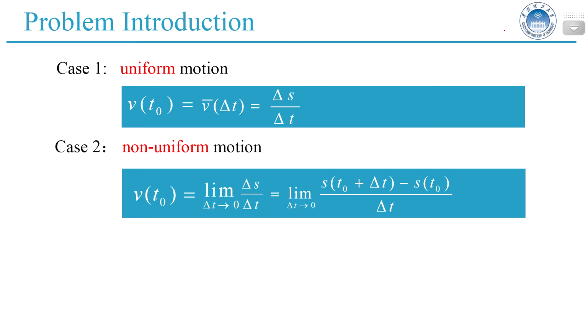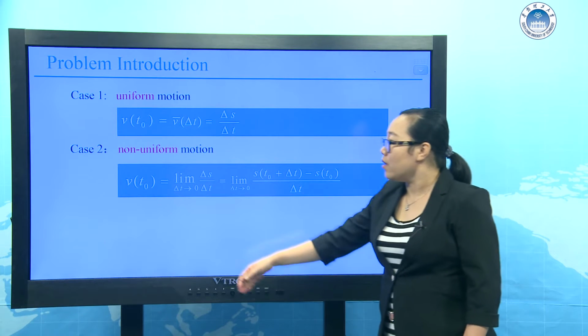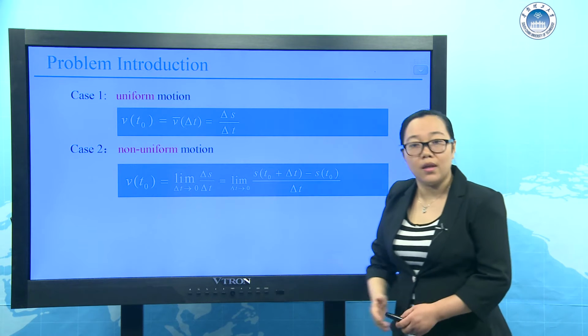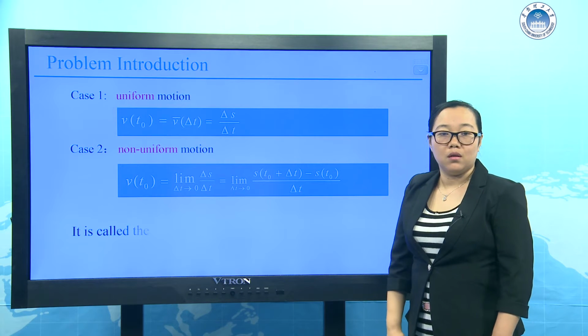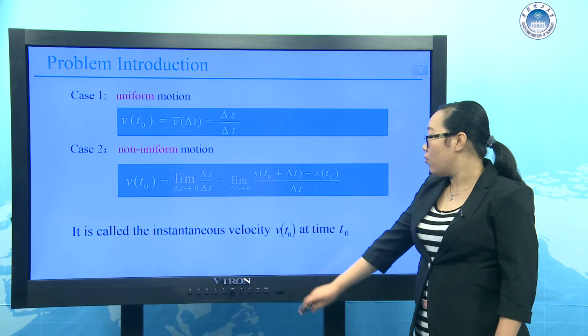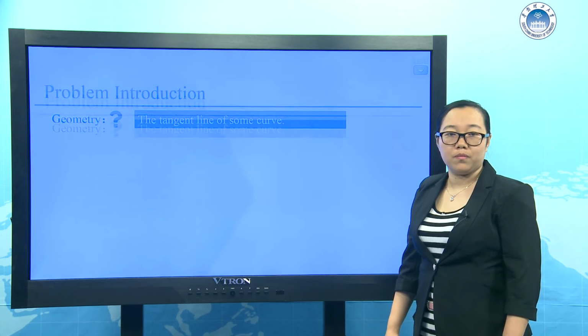If t is small enough, t tends to 0, and the limit exists, then the limit is our instantaneous velocity. It is called the instantaneous velocity v(t0) at the time point t0.